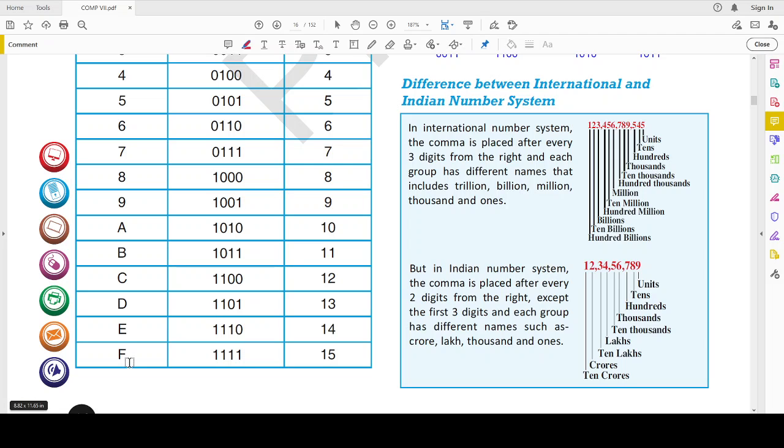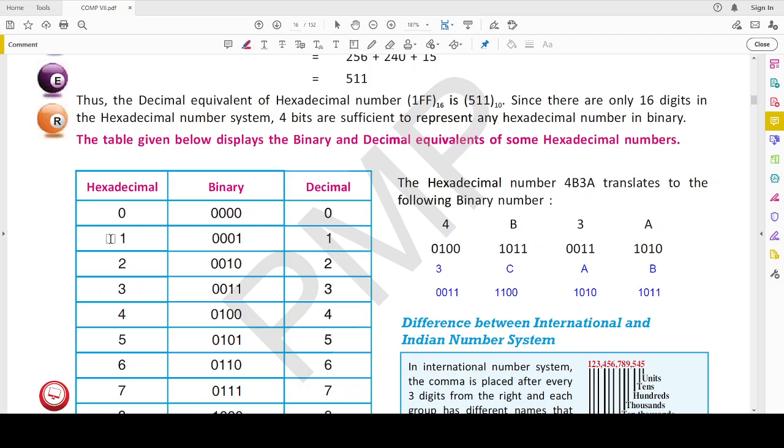You can represent the maximum digit of a hexadecimal number, that is F, with 4 bits. See, after 15 you cannot represent anything with F. So F is the maximum hexadecimal digit, and it can be represented by 4 bits. So you have to take 4 bits for each representation.